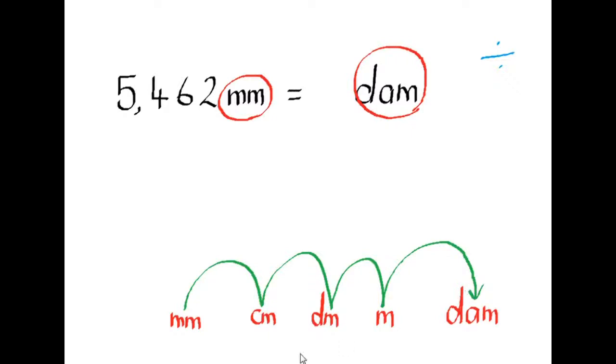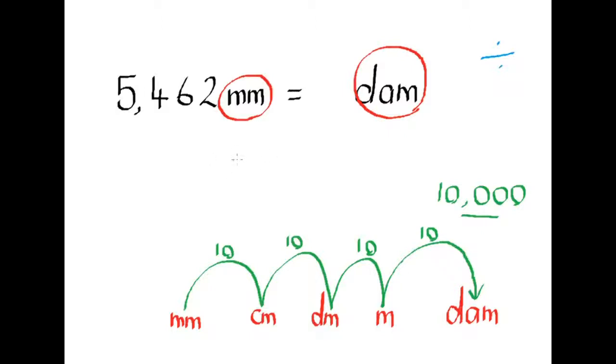So therefore, we're going to be dividing by 10,000, because each step would be 10, and when we multiply these 10s together, we get 10,000. So we divide by 10,000.